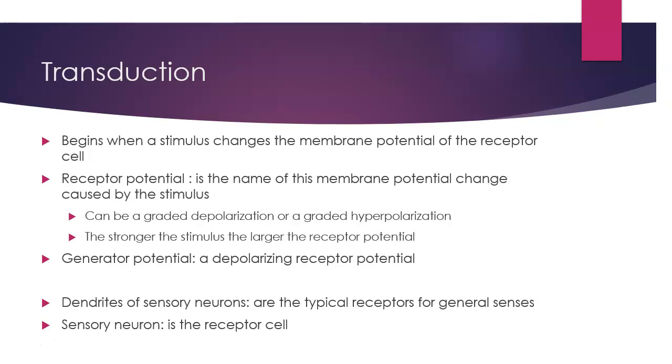Again, the stronger the stimulus, the larger the receptor potential. The generator potential is the depolarizing receptor potential. Again, we've got dendrites of sensory neurons. Those are typically the receptors, right? The dendrites for general senses, and the sensory neuron itself is the receptor cell.